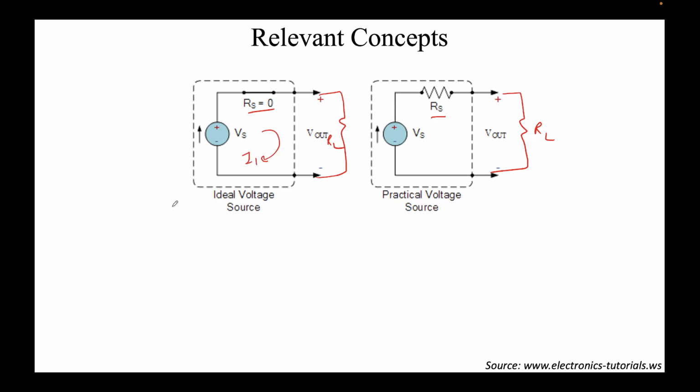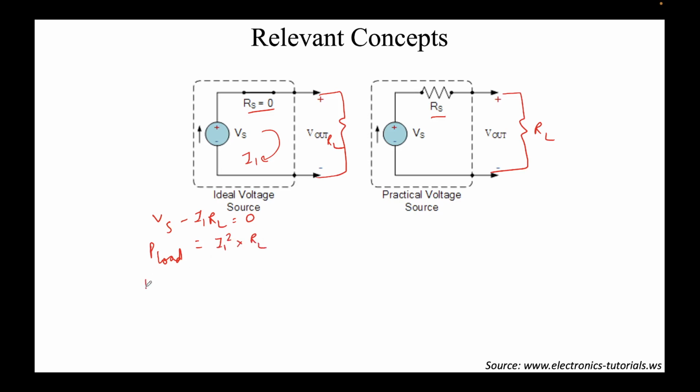Simply applying KVL, we can write that Vs minus I1 RL equal to 0. Now, power delivered to load, let's write it as P load. This will be equal to current flowing through the load, which is I1 square times RL.